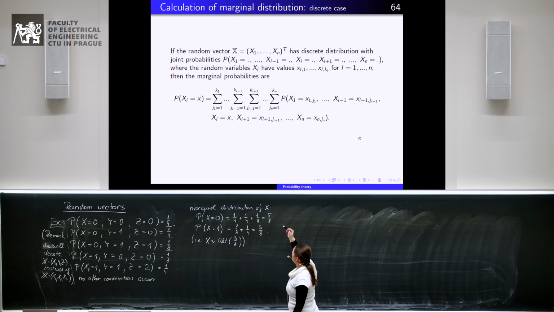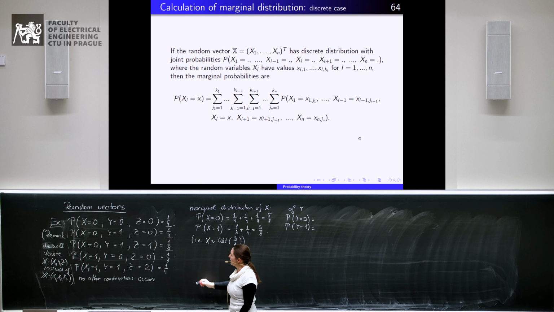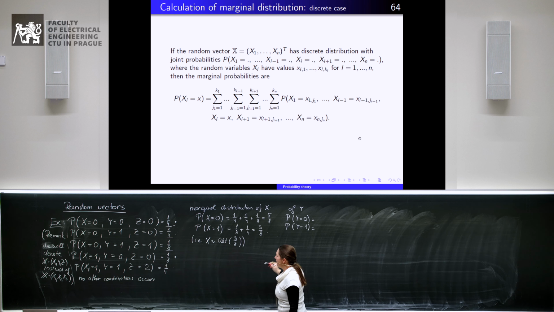And similarly, we can calculate the marginal distribution of Y. Y can be, similar to X, equal to 0 or 1, and the probability that Y is equal to 0 is equal to the probability of the first case plus the probability of the fourth case.